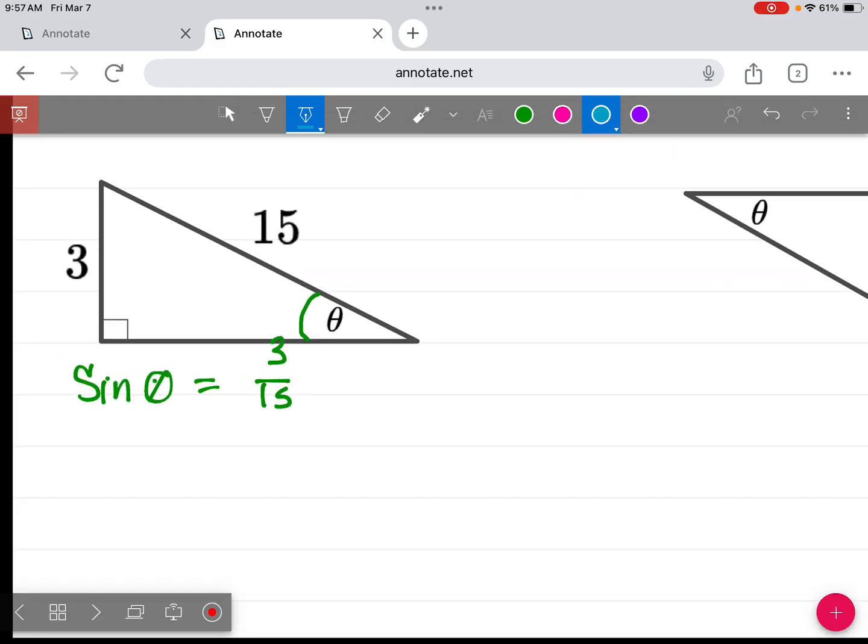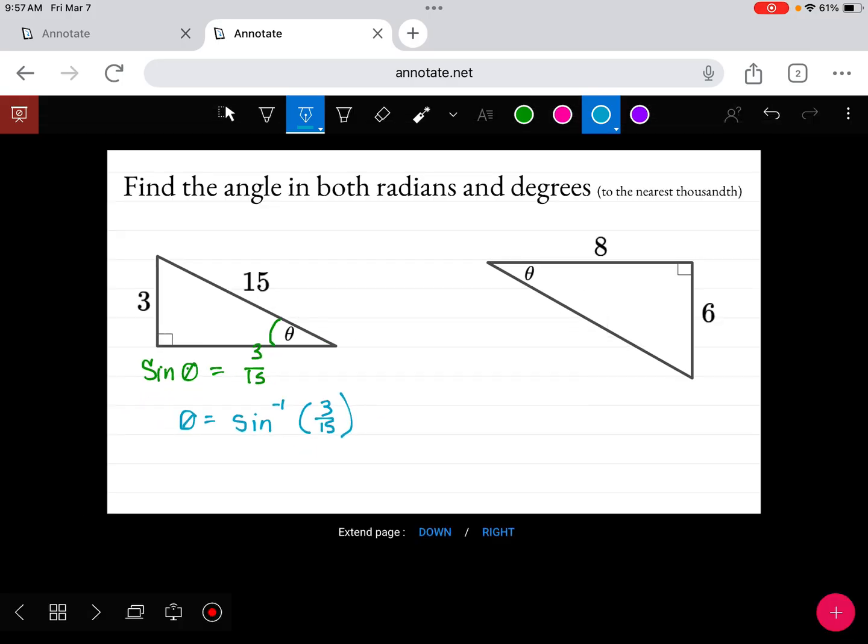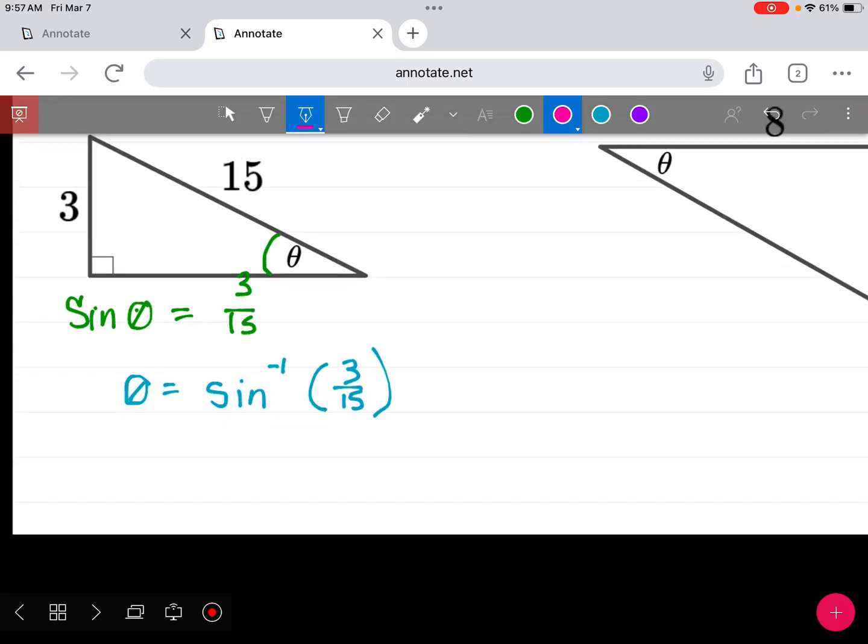If I do the inverse on both sides, undoing the sine, so we get our theta all by itself, we can do our inverse sine of 3/15 to figure out what that angle is. We can do it either in degrees or in radians. I want us to do it in both. And we are going to round to the nearest thousandth.